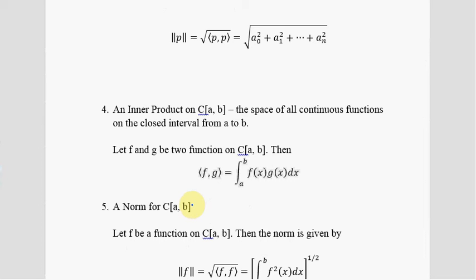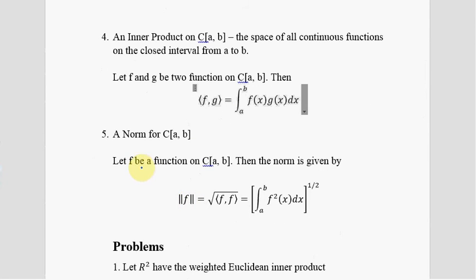Its associated norm is here also given. So here, let f be a function on this very big space of continuous functions on the closed interval from a to b. Then the so-called norm of the function f, always the same notation in terms of the square root of the inner product here, but this is applied now to continuous functions.